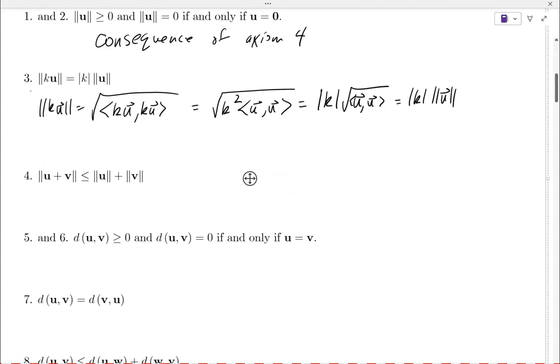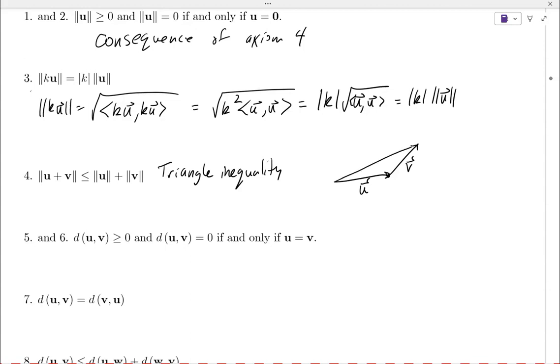This next one here is what we refer to as the triangle inequality. The reason why we call it triangle inequality: if you think about how you geometrically or graphically add two vectors together, you do tip to tail, and then put in the resultant vector, right?